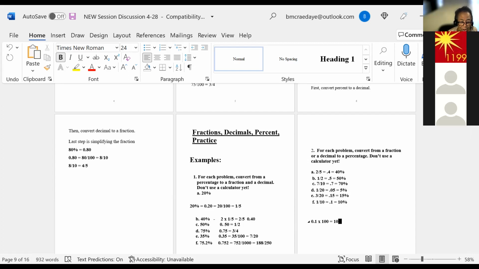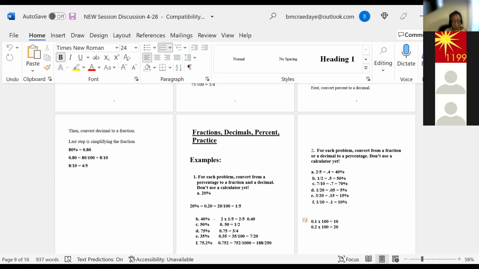Yes, because you moved the decimal point off one place and then you got 10. 0.15 times 100 is 15. 0.7 times 100 is 70. You're multiplying by 100, which is the same as shifting 2 places to the right. So 0.2 times 100 is 20. 0.3 times 100 would be 30. 0.4 times 100 would be 40. 0.5 times 100 is 50%.